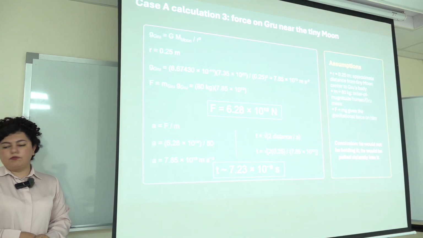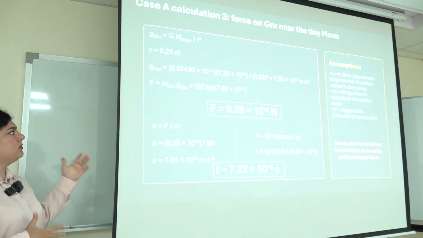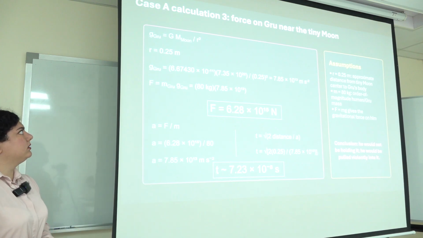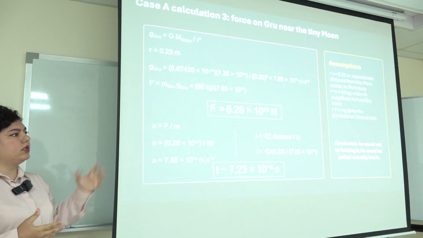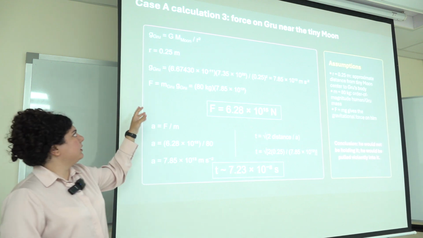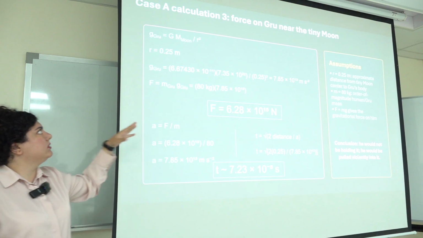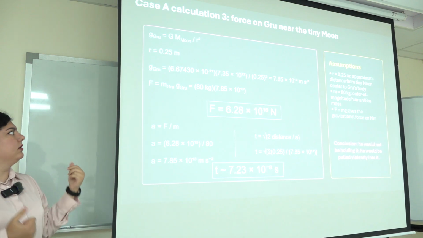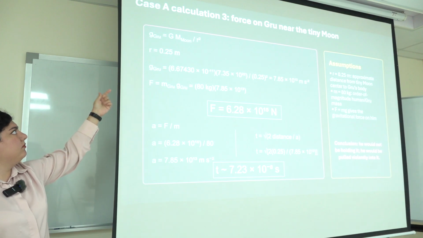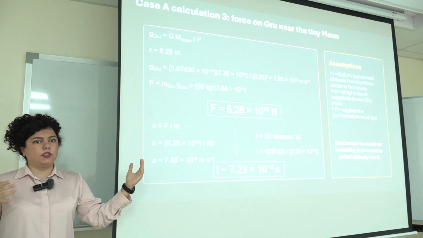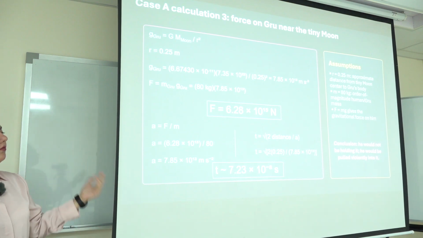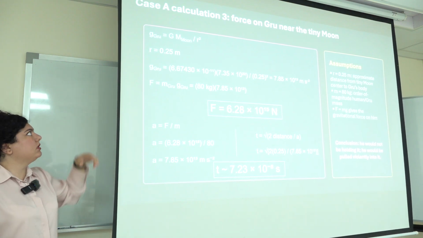And we want to talk about the force. If we want to calculate the force, we just should multiply the mass of Gru and the gravity that Gru can feel. And gravity is again that formula, and we can assume that their separation is around 0.25 meter, just an approximation.